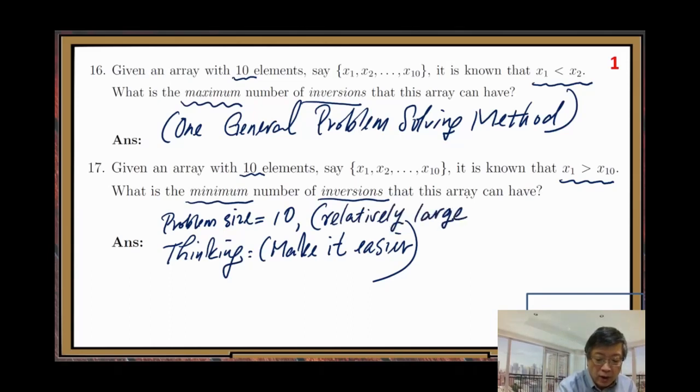When the problem size is relatively large, then it is relatively hard. So based on that general property, in order to make it easier, one typically used method is to reduce the problem size.